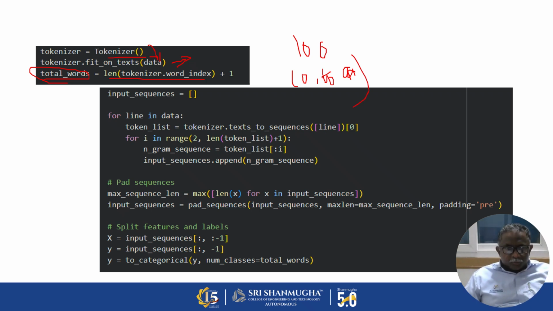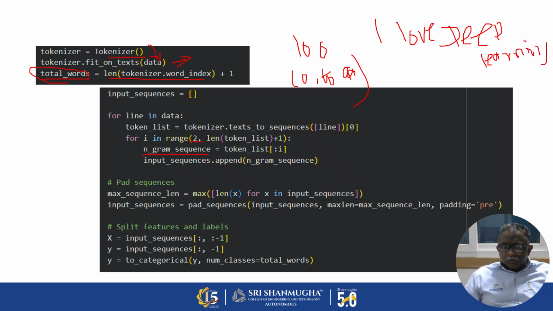The most important thing is the n-gram sequences. Here we are going to use 2, that is, a bigram. Suppose I say, I love deep learning. Then I love is my input, and the target is going to be deep.